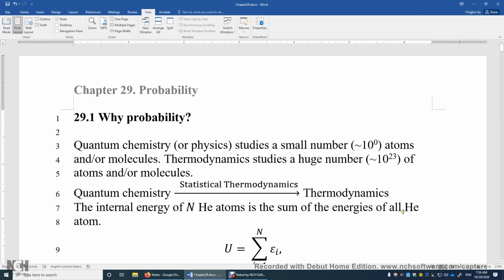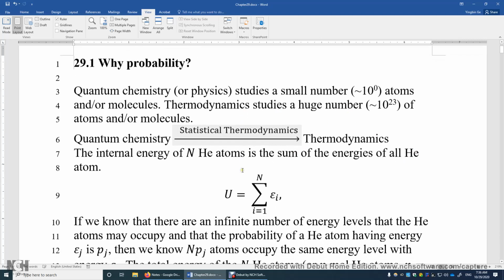Now let's generalize this analysis. Let's say we have N helium atoms, and let's calculate the internal energy of these N helium atoms. It's simply the sum of the energies of all helium atoms. And we have this equation.